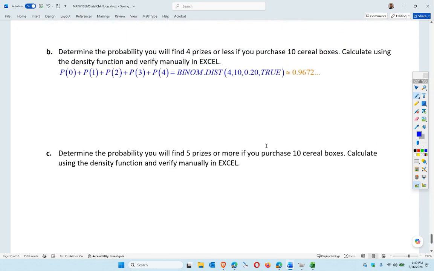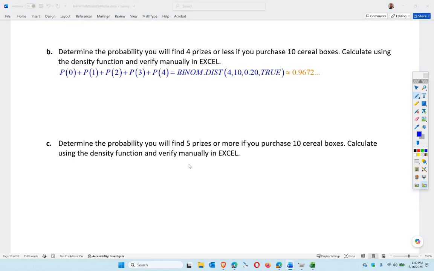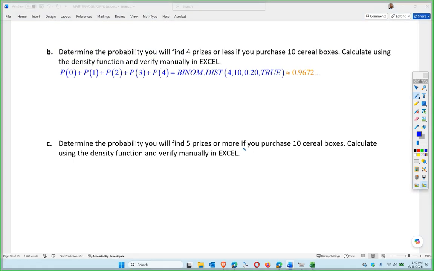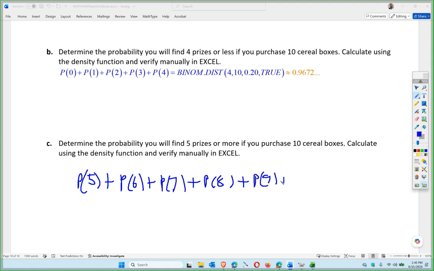Okay, let's try a different version. So let's say we do this one here, where we want 5 prizes or more. So that's P of 5 plus P of 6 plus P of 7 plus P of 8 plus P of 9 plus P of 10. So again, this is not one probability.